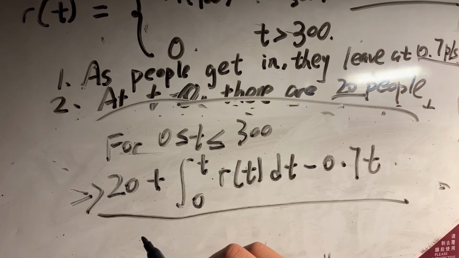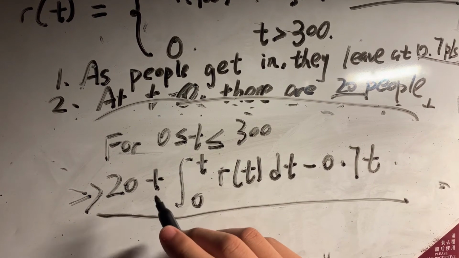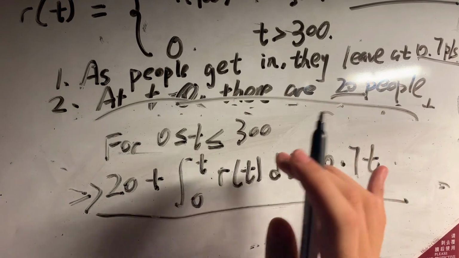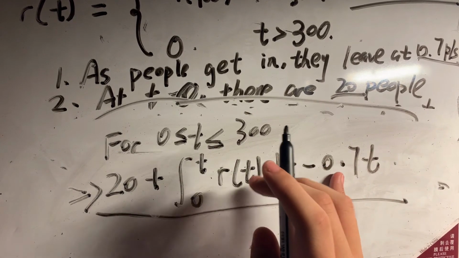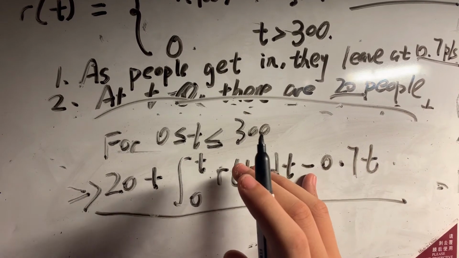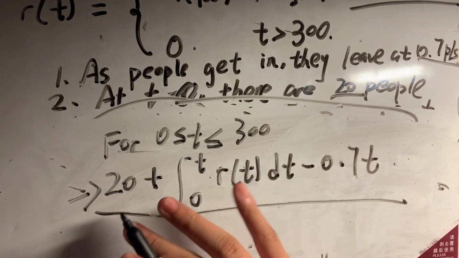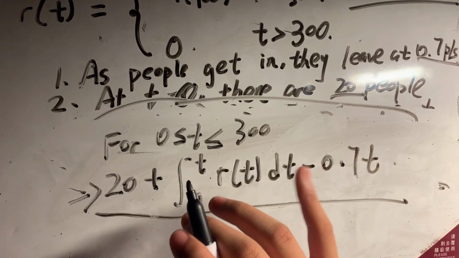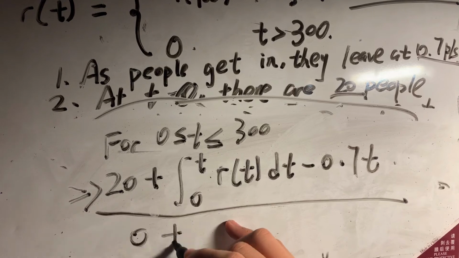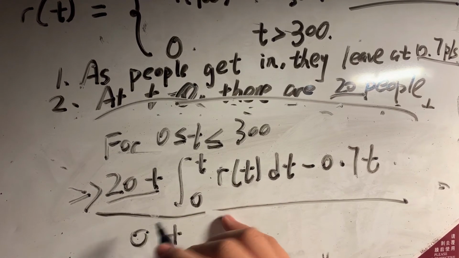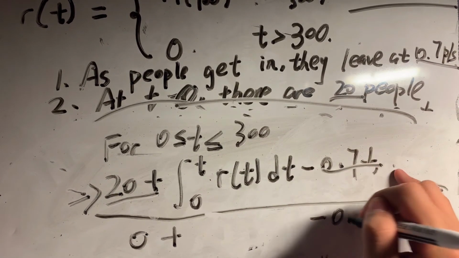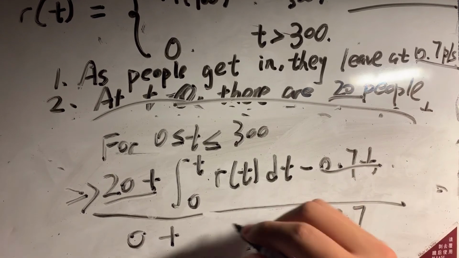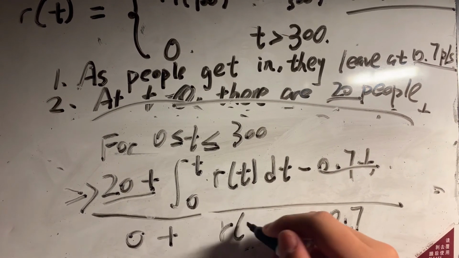To find the minimum of an equation, you need to find the critical points of it. To find the critical points, you first need to take the first derivative. This has a derivative of 0, this has a derivative of negative 0.7, and this has the derivative of RT.